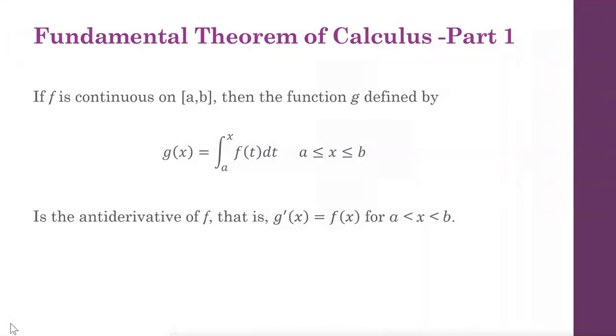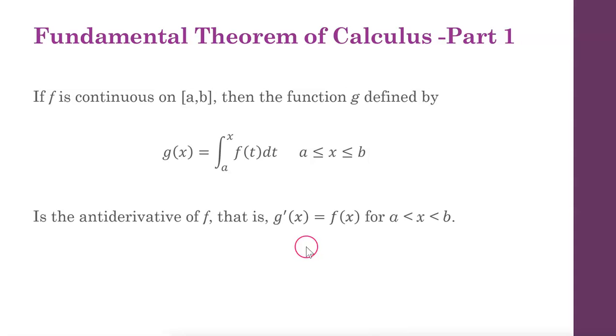Right, so now that we've looked at this function, this is what the fundamental theorem of calculus part 1 says. So if f is continuous on some interval a b, then the function we just defined, g of x equals the integral from a to x of f of t dt, where x is some number between a and b, is the antiderivative of f.